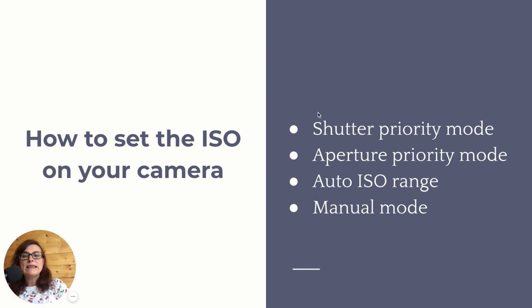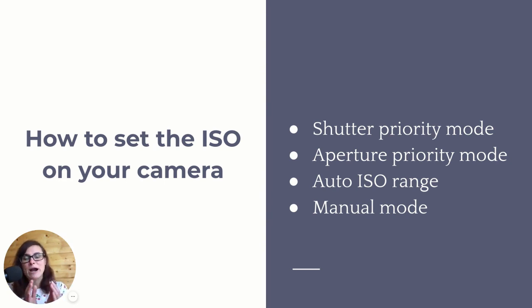When you're shooting in these semi-automatic modes, you can tell the camera to have a set auto ISO range, so that you can set both your shutter speed and your aperture, and the camera will take care of setting the ISO for you.